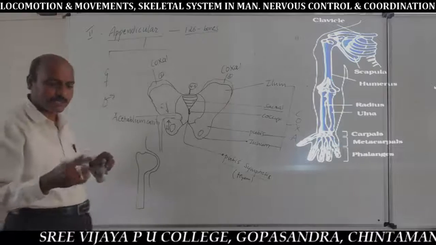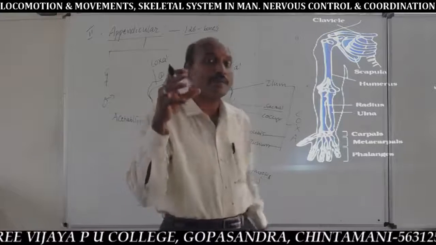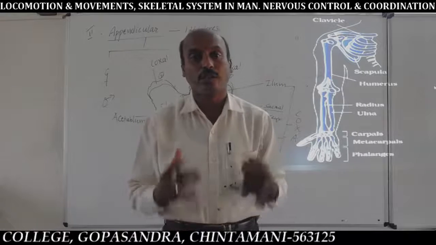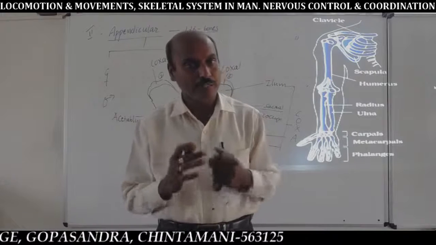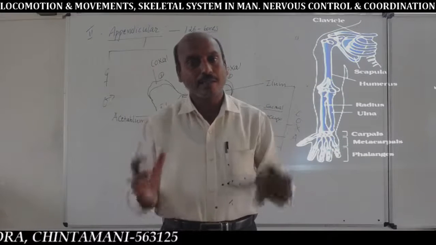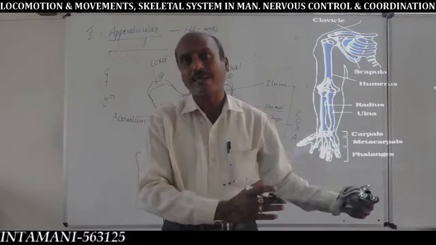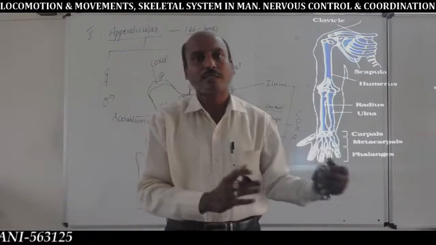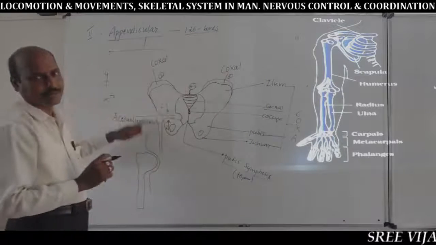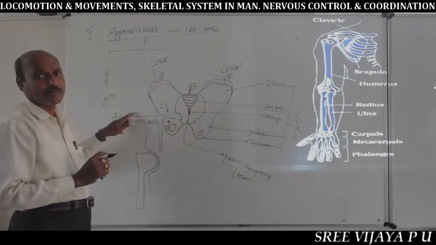Very important. This is because it provides accommodation for the fetus during the pregnancy period. That's why the pubic region is larger in females as compared to males. This is the structure of the pelvic girdle.